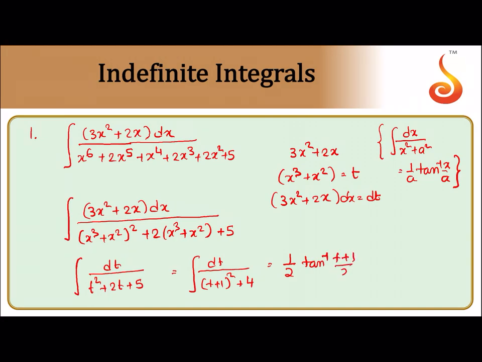So in this case, it becomes 1 by 2 tan inverse (t plus 1) by 2. So this will give you 1 by 2 tan inverse. What is t here? t is x cube plus x square, so (x cube plus x square plus 1) by 2, obviously plus c.